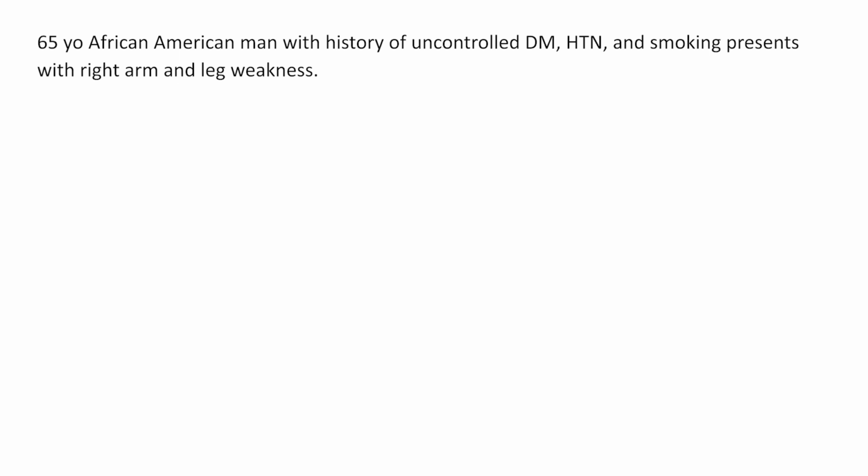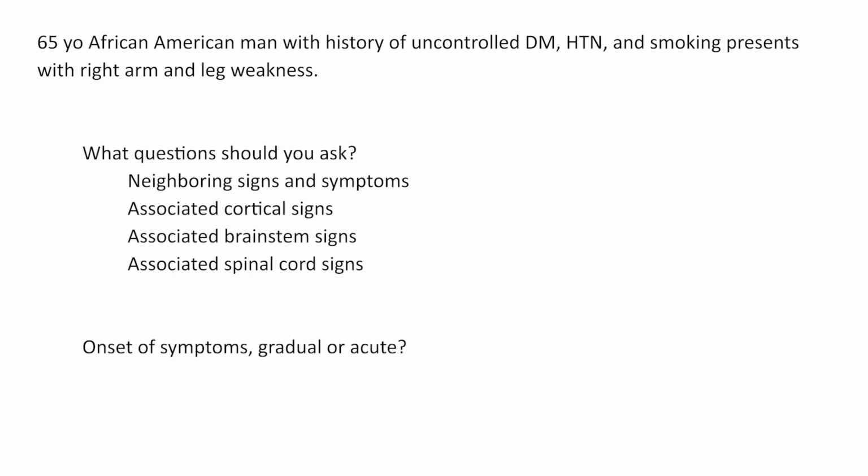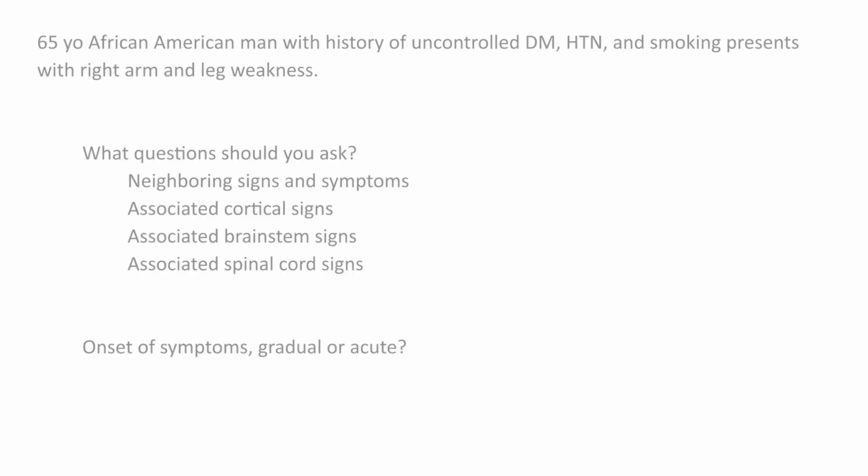What questions should you ask? So things you should think of are neighboring signs and symptoms, associated cortical signs or associated brainstem signs, associated spinal cord signs, and what's also very important is the onset of symptoms. Was it gradual or acute?